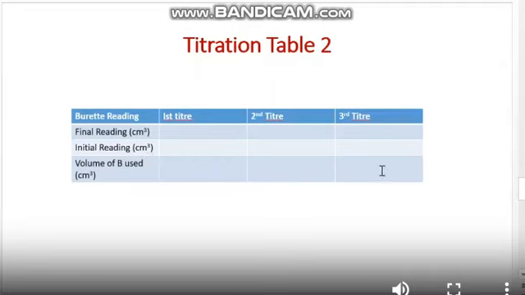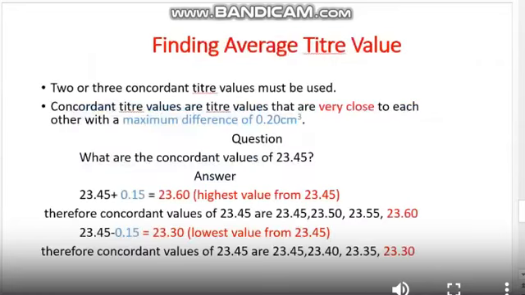From the three titer values, that is where you choose two or three concordant titer values. Concordant titer values are titer values that are very close to each other with a maximum difference of 0.20 cm³.